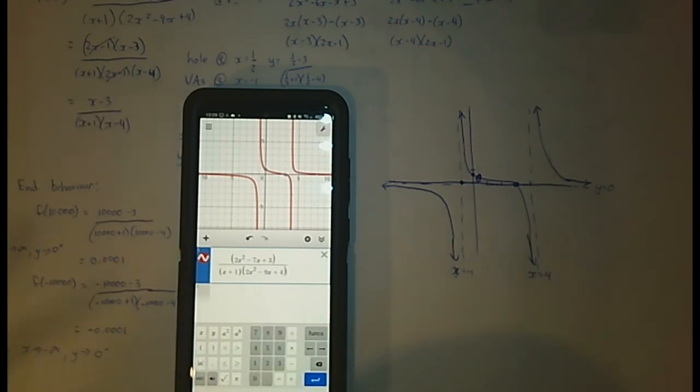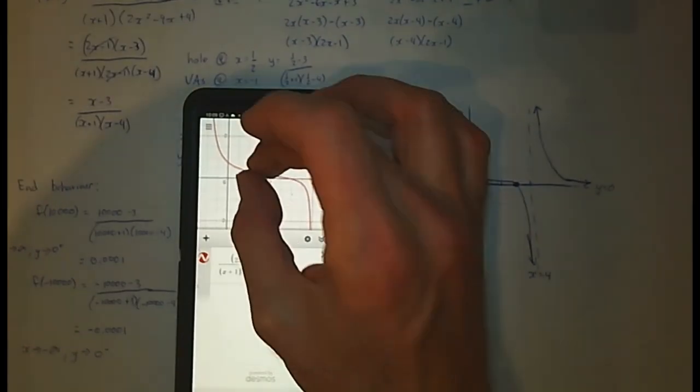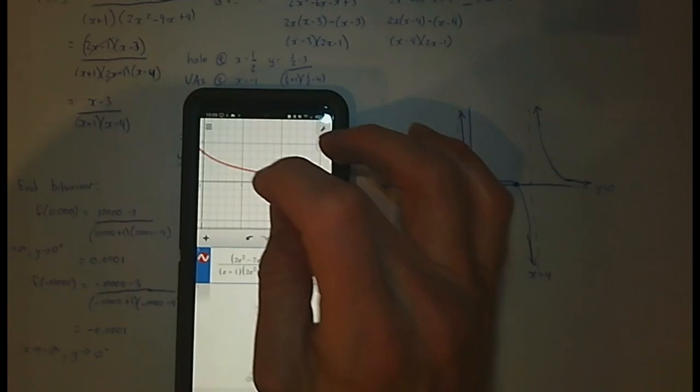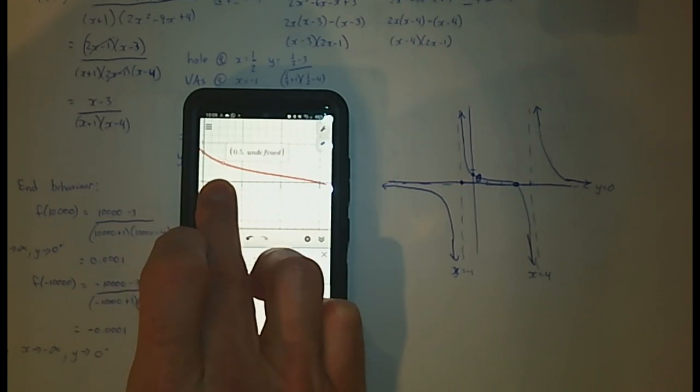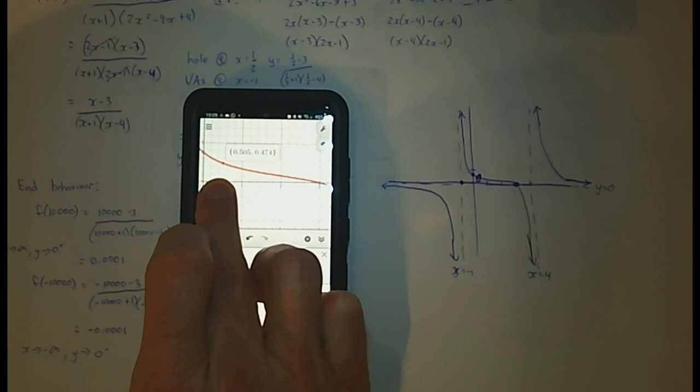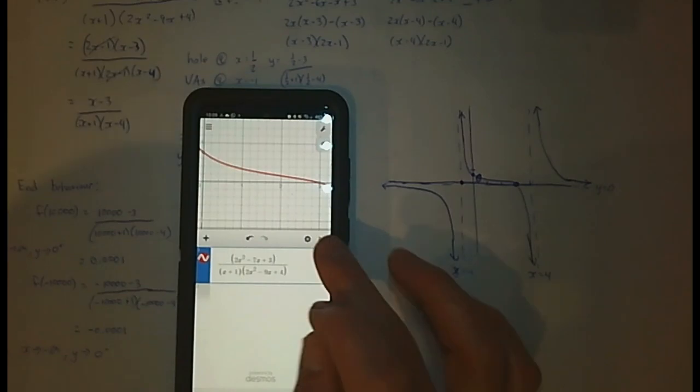There it is. I mean, that looks very, very similar. And another interesting thing to do is we can actually, I don't know if you can do this on the mobile version, but if I scroll this along and I get to 1/2, you can actually see right there, there's the hole. Hard to get it, but we nailed that one.